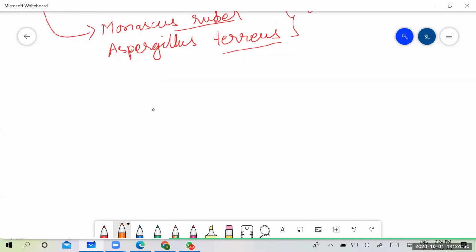Then coming to the SAR of HMG-CoA reductase inhibitors.